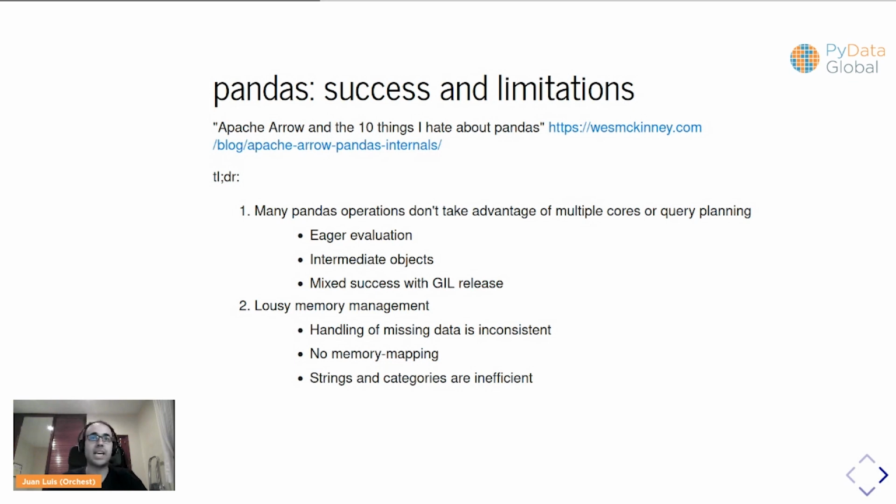Then Pandas has no native capability of doing memory mapping, and also the way strings and categories are stored internally is a little bit inefficient. So these are not huge problems for the average practitioner, but when people want to apply Pandas in production for large quantities of data, then this starts becoming a problem.